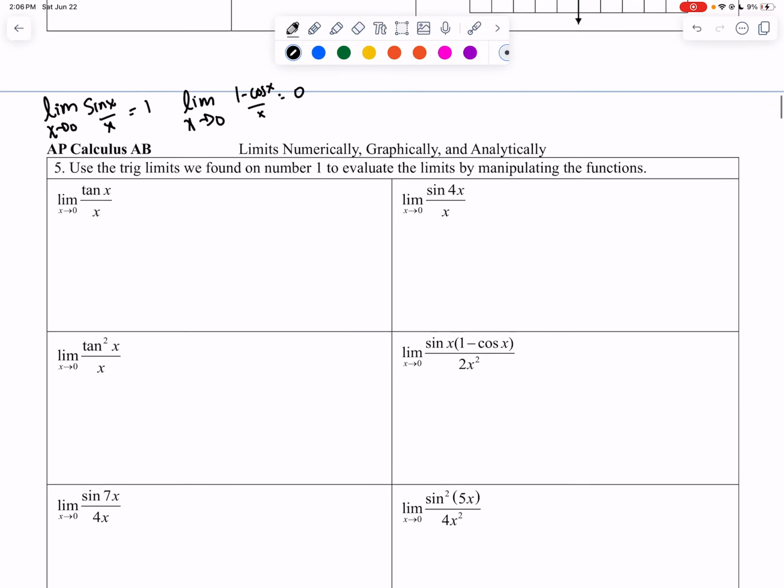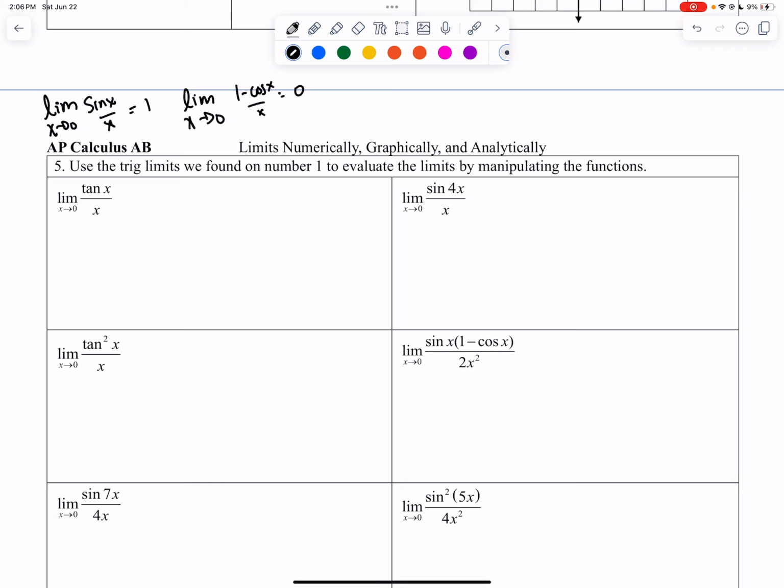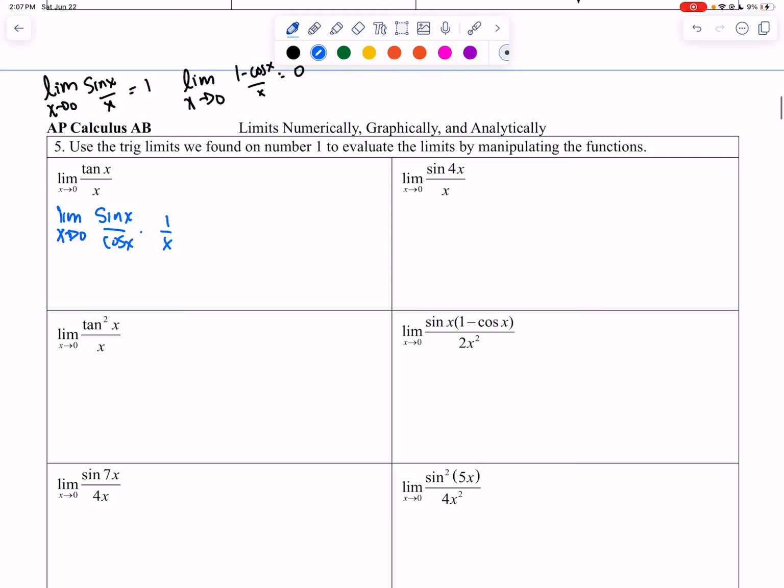So here, I have tangent of x, so what I'm going to do is think about, I know that tangent is the same thing as sine over cosine. And then what I'm going to do is manipulate this because I have sine x over x.